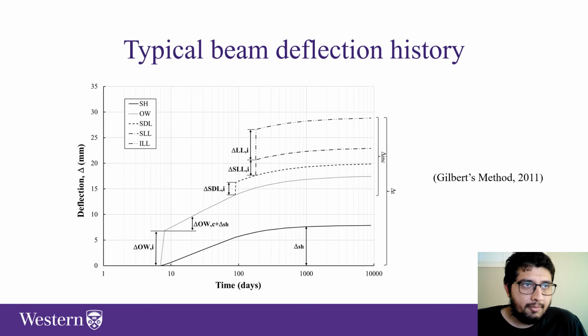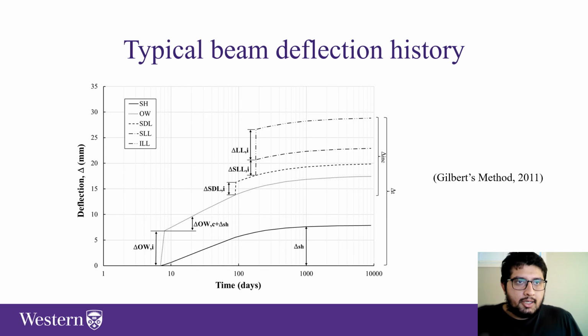We have sustained live load creep and instantaneous deflections, labeled delta SLL. And we have instantaneous live load deflections, which is delta LL. And we'll be taking a look at the incremental deflections, which are deflections measured after 3 months of beam construction.